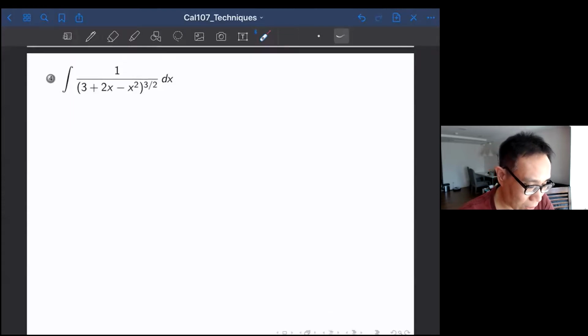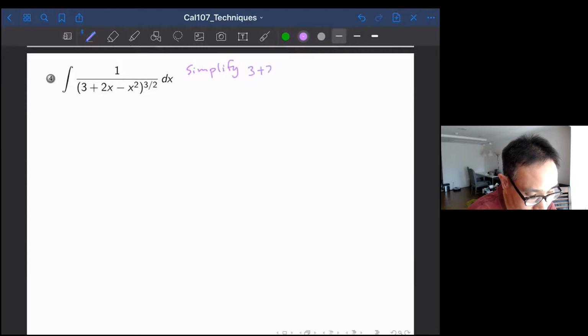So I'm going to do that. First, I'm going to let you simplify 3 plus 2x minus x squared by completing the square.